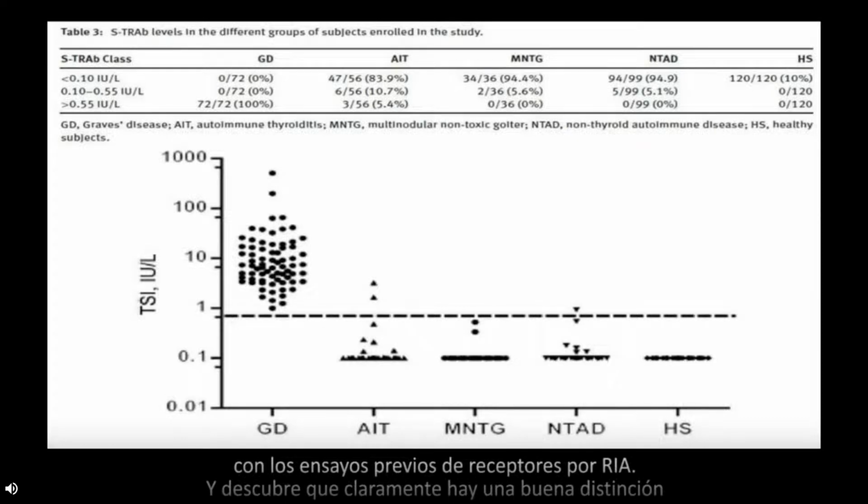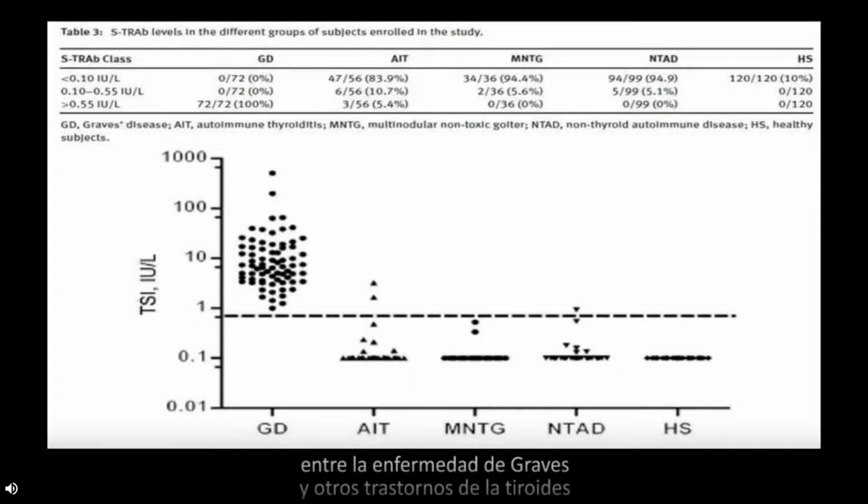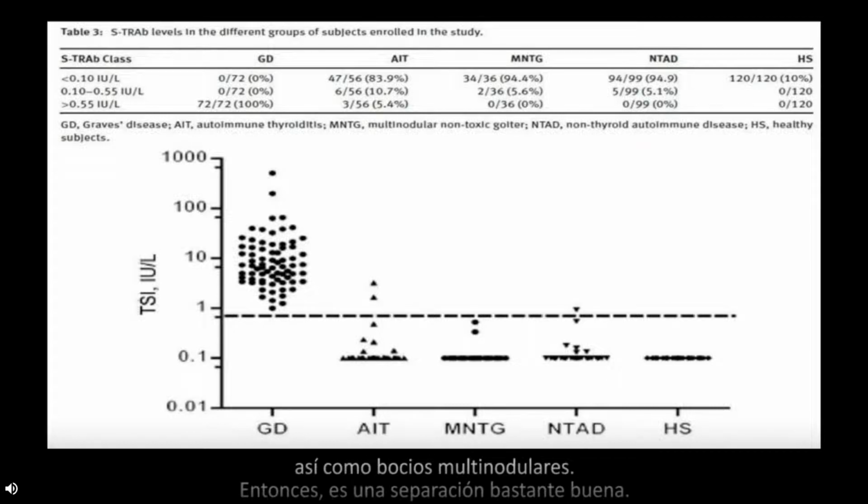And you find that there is clearly a good distinction between Graves' disease and other thyroid disorders like autoimmune thyroid disease, non-toxic goiter, and normals, as well as multinodular goiters. So quite a good separation.